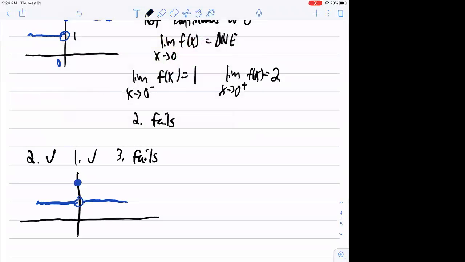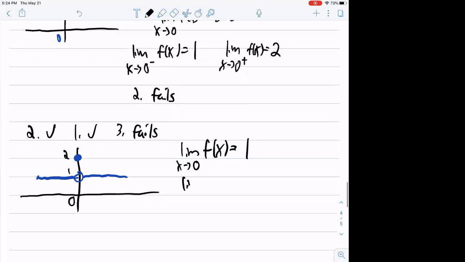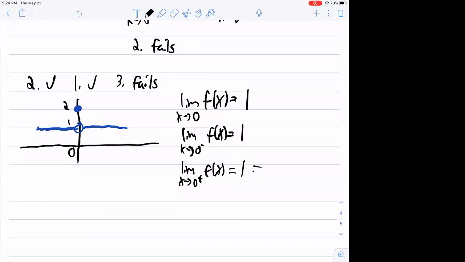So here 2 succeeds, right? Because if this is 0, and let me call these values 1 and 2, the limit as x goes to 0 of f of x is 1, right? Because the limit from the left is 1 and the limit from the right is 1. But this is not equal to f of 0, right?